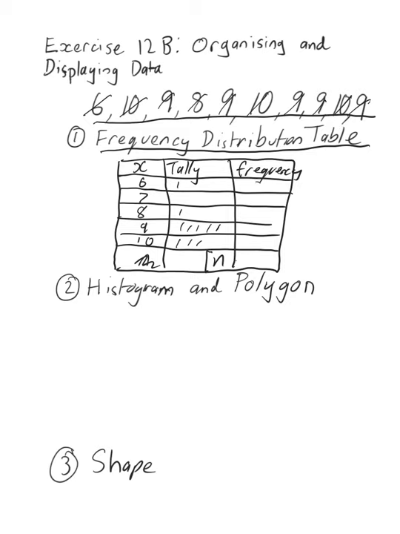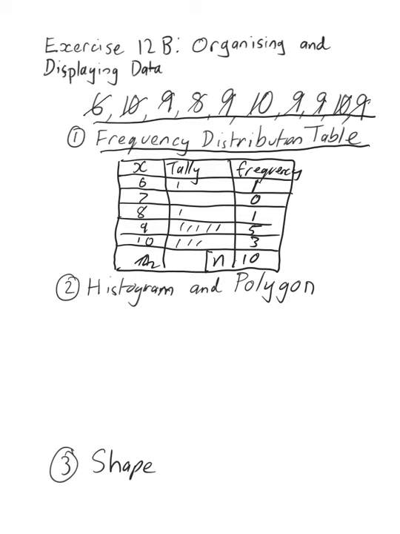Okay, so we have 1 score of 6, 0 scores of 7, 1 score of 8, 5 scores of 9, and 3 scores of 10, and the total there is 10. So that's basically a very basic frequency distribution table with a small amount of data. You'll be mostly having much more data.